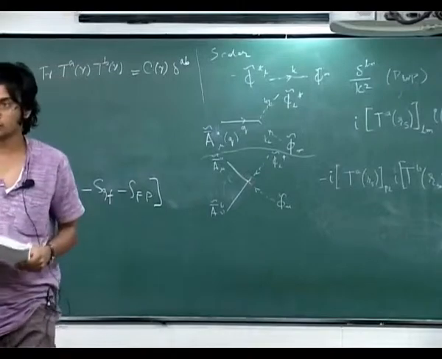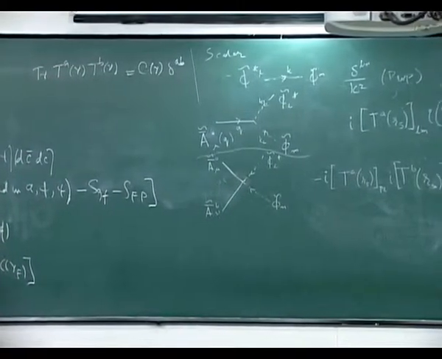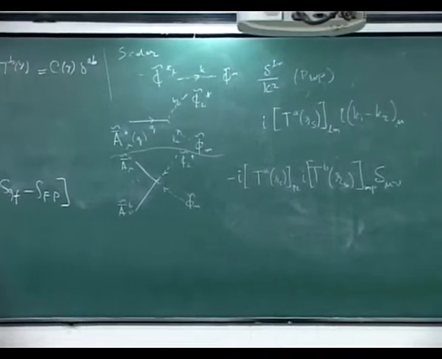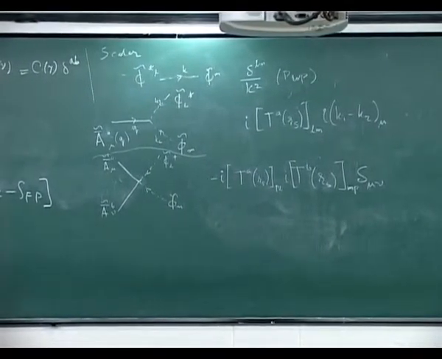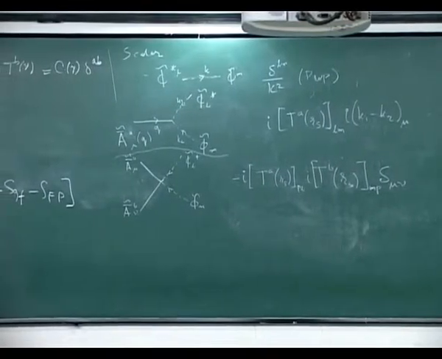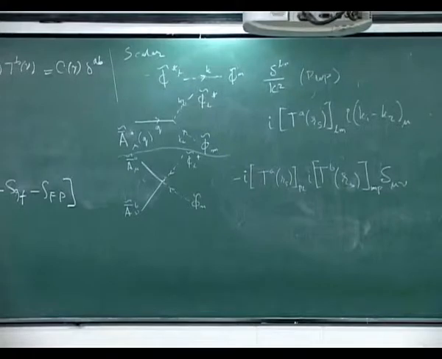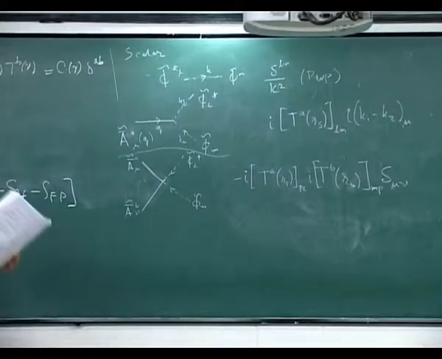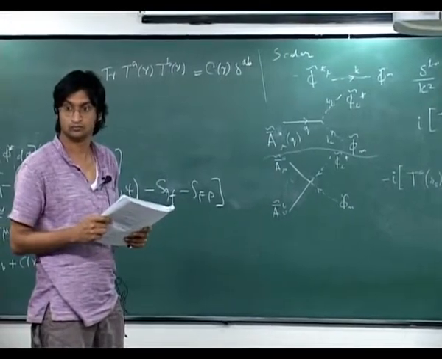Is that what you're talking about? The overall minus sign will get cancelled by this minus sign. No. The vertex is, in the 4-point function, there is an extra minus sign. That is because vertex is from minus S. Maybe I didn't write it that time, but I have it in my notes.